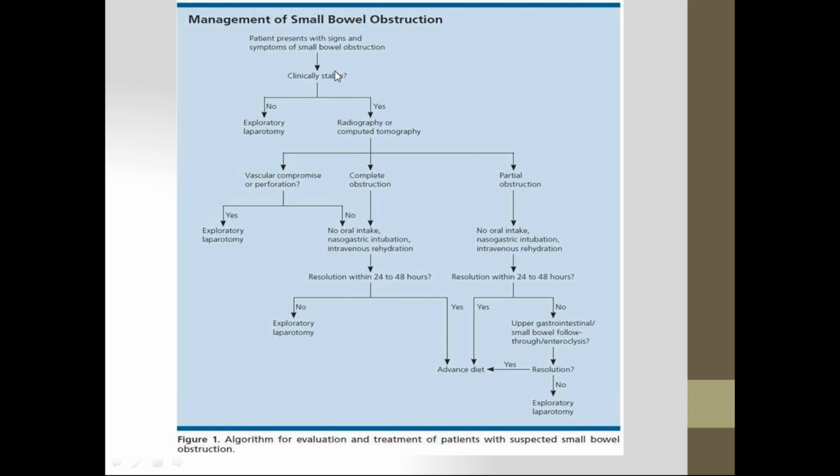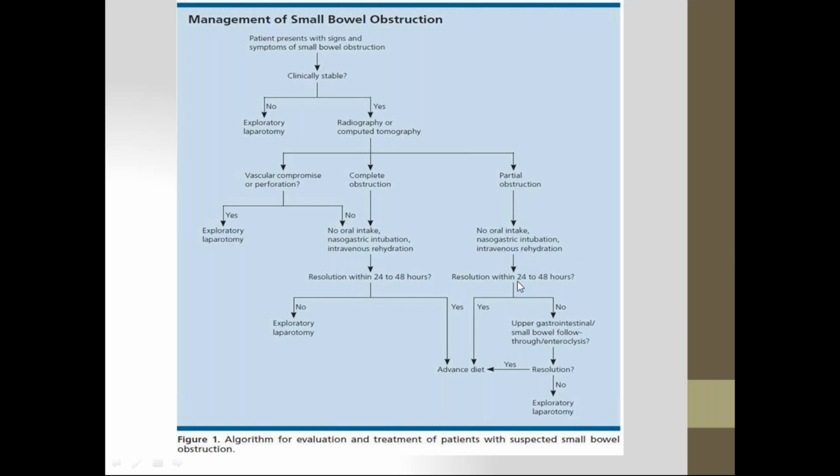If the obstruction is partial, you need to withhold the patient from oral intake. Similarly, the resuscitation measures are similar in case of complete and partial obstruction. Here also you will place a nasogastric tube. Serially, you need to measure the abdominal girth of the patient, and any rapid increase in the girth of the patient more than 5 centimeters is an indication for exploratory laparotomy.